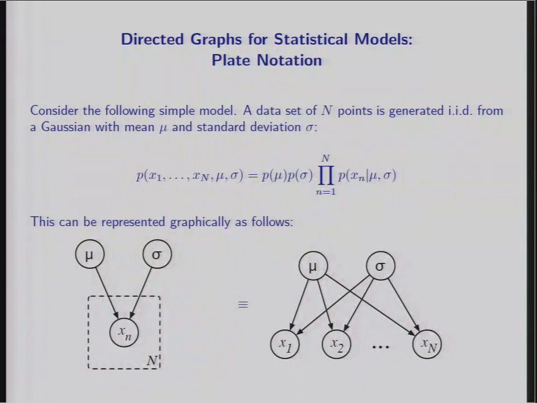So xn is repeated big N times. Okay? This is just shorthand for this graph. So you'll see this sort of notation in a lot of machine learning papers. Okay.